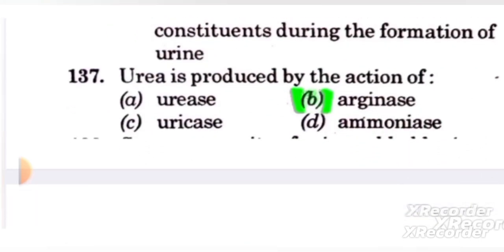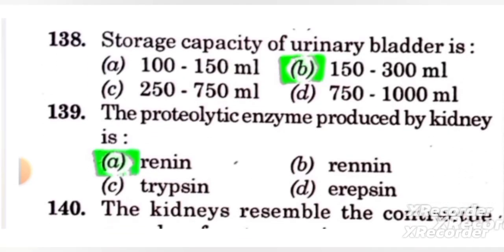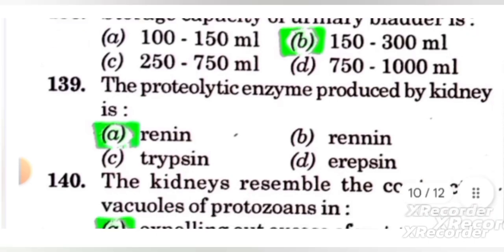Answer B, arginase. Next, 138. Storage capacity of urinary bladder is 150 to 300 ml. The proteolytic enzyme produced by kidney is? Answer A, renin.